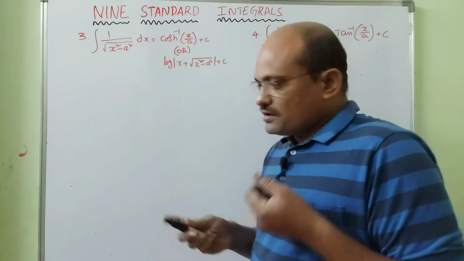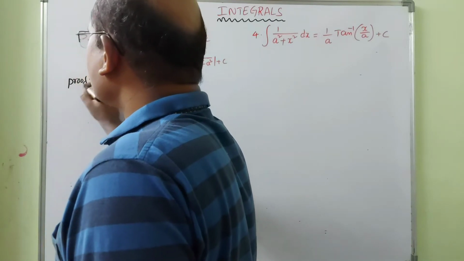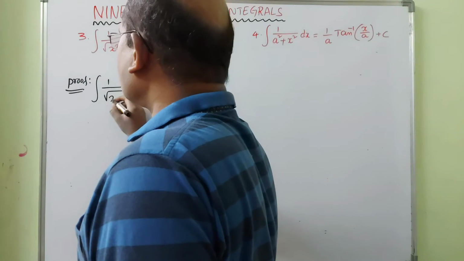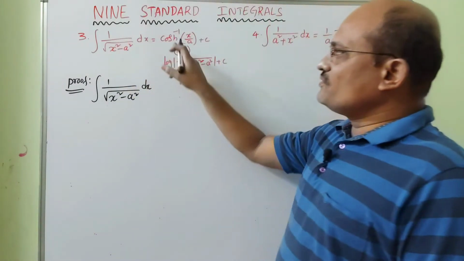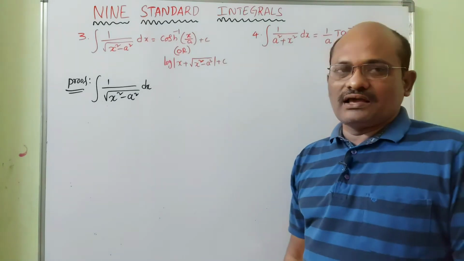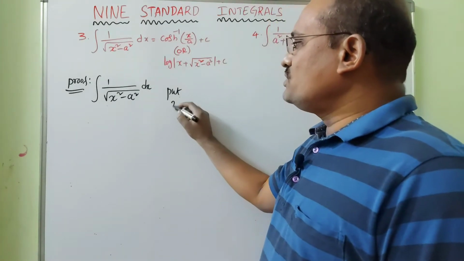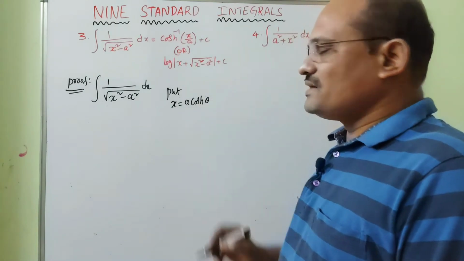In general, you will find the substitution in the result. If you observe the result, you will find cosh inverse of x by a. So here the suitable substitution is put x equal to a cosh theta.